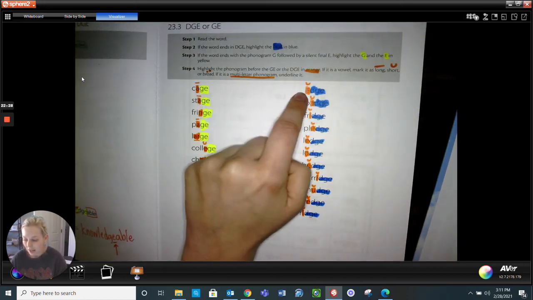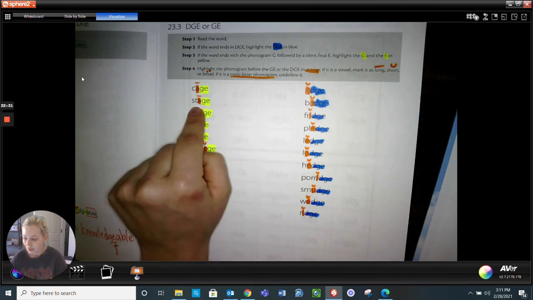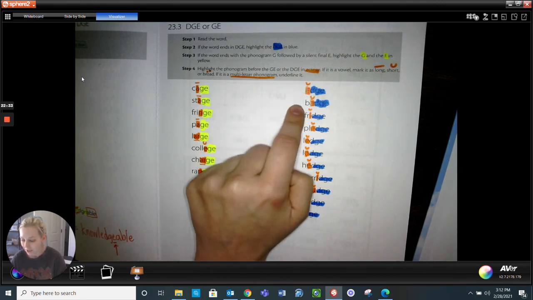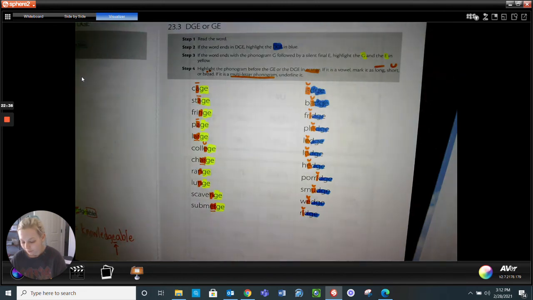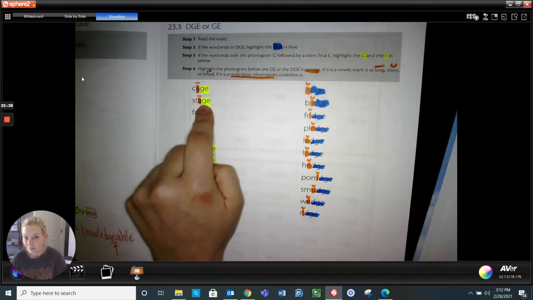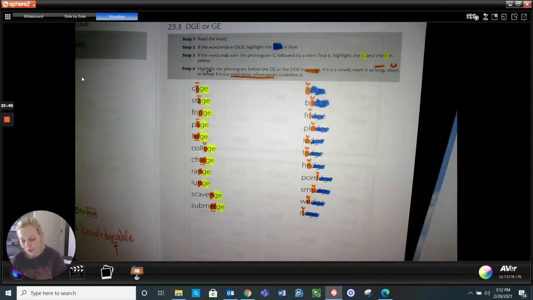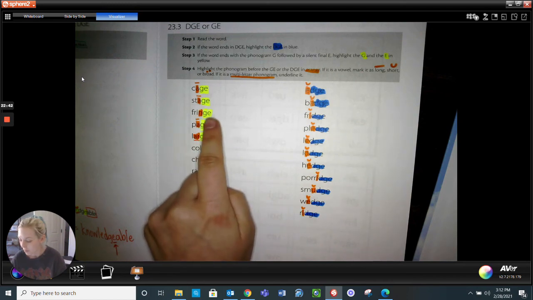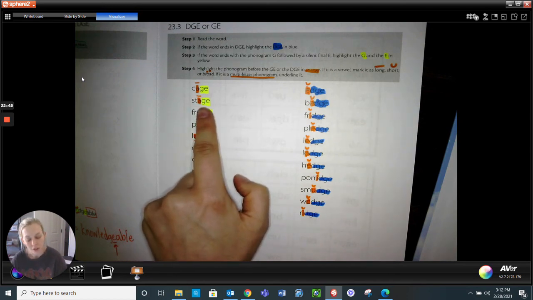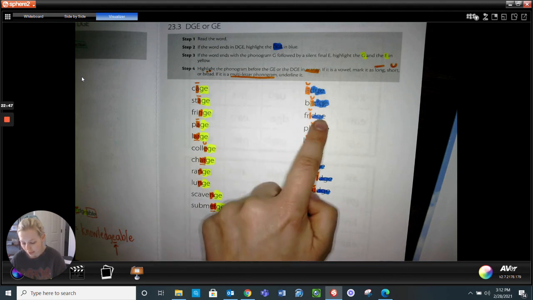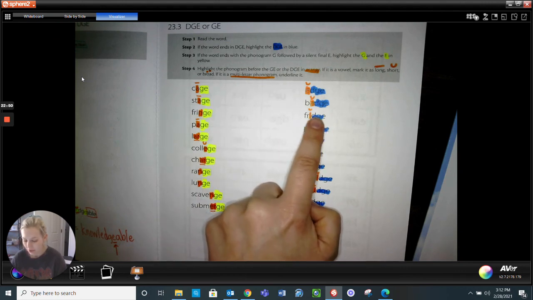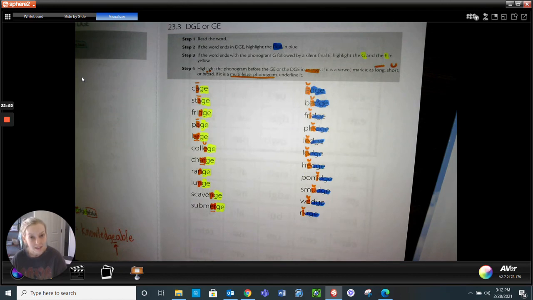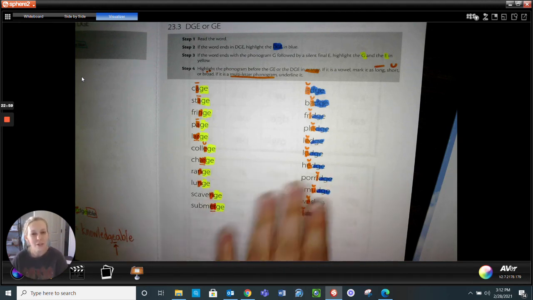Cage, edge, stage, badge. The GE kind of tends to be softer, and my tongue does not touch the top of my mouth as it says J. The DGE sound is a little harder, and my tongue touches the roof of my mouth as it says J. This is the same spot my tongue touches when I say duh, right? So just read those to yourself and see if you notice that, okay?